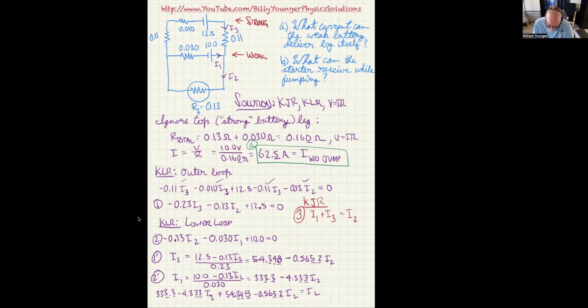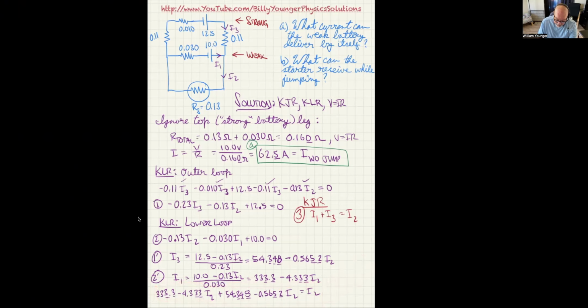And you can see that's exactly what I have here, 54.348 minus 0.5652 I2. And then that's all equal to I2, which is the last term. So that's what I've done there. I apologize for not putting that in until now. But now we have clearly one equation that has combined equation 1, equation 2, and equation 3 all together.